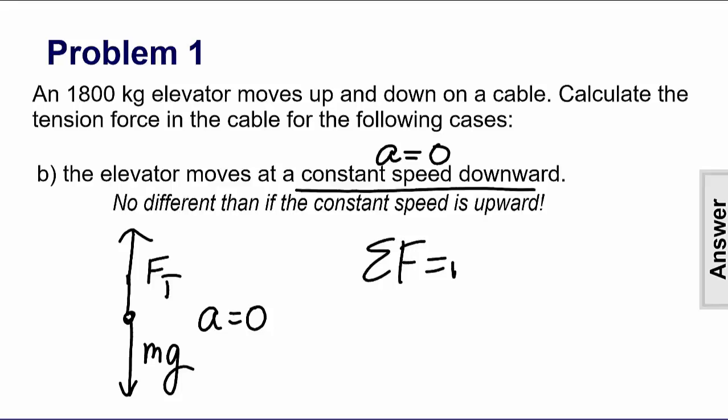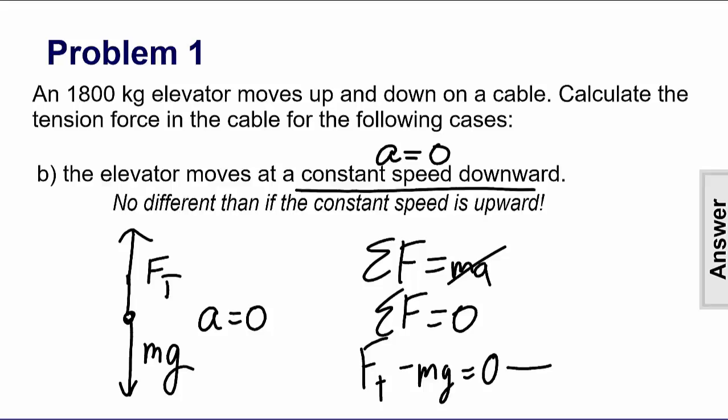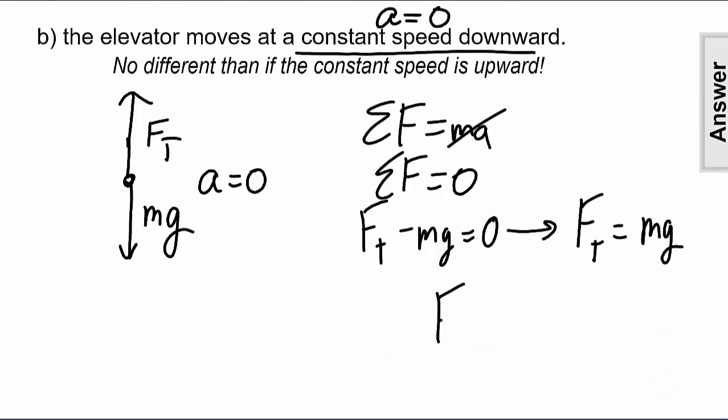Therefore, sigma F equals ma, a is equal to 0, sigma F equals 0, and we know that tension force minus mg will be equal to 0, which means tension force will be equal to mg, and that will be the same result we found last time. The tension force will be equal to 17,640 newtons. Let's move on to a more interesting case.